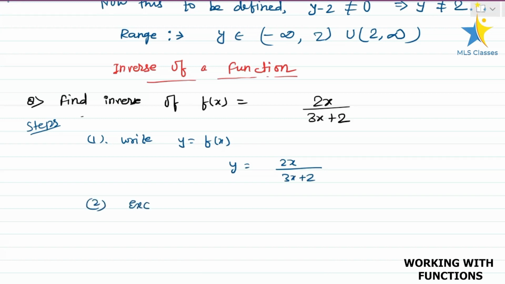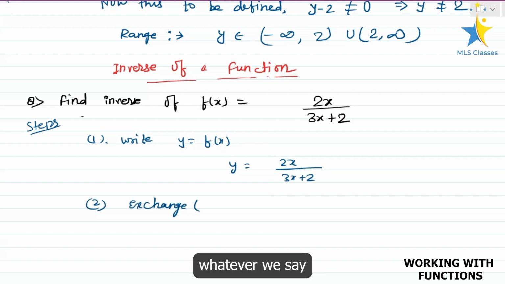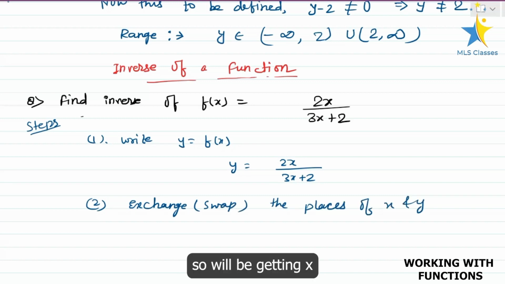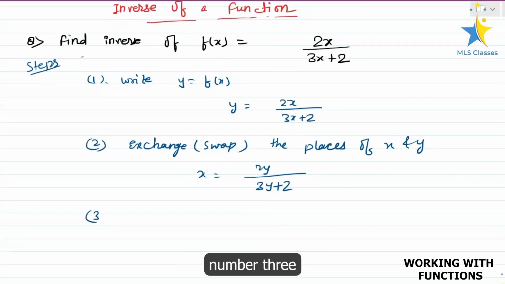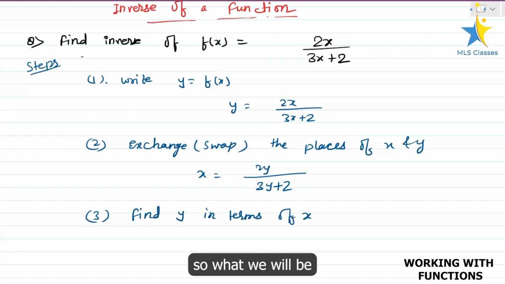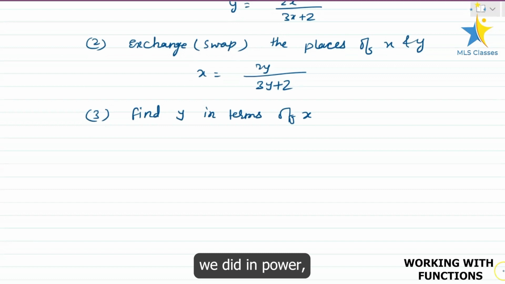Step 2, exchange or swap the places of x and y. So we'll be getting x is equal to 2y over 3y plus 2. Step 3, find y in terms of x. Just like we did in finding the range of a rational function, we will cross multiply here and get 3yx plus 2x equal to 2y.